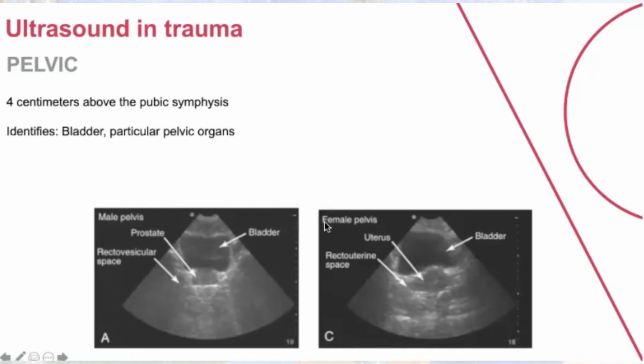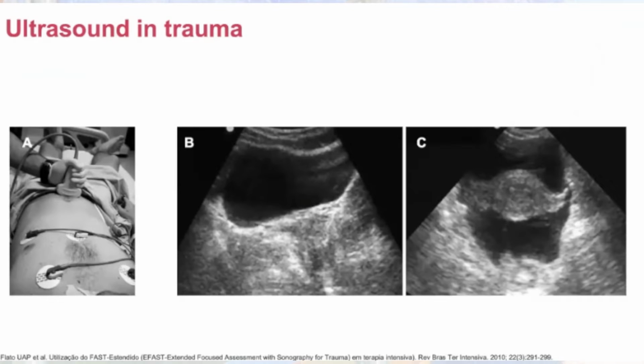Here, female pelvis with the uterus without free fluid, and a male pelvis with the prostate without free fluid. It's easy to see the bladder because the bladder, when it's filled with urine, is hypoechoic. It's black here, like a free fluid. That's the anatomic location.